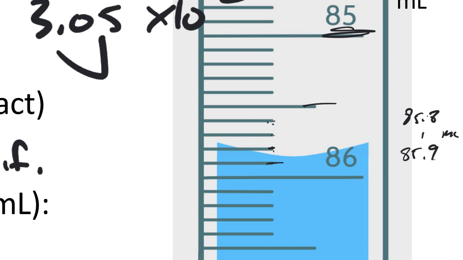So you can see that we don't have to call it 85.8 or round it to 85.9. We can actually interpolate. What do you think is the best interpolation there between our scale? What would you go with?